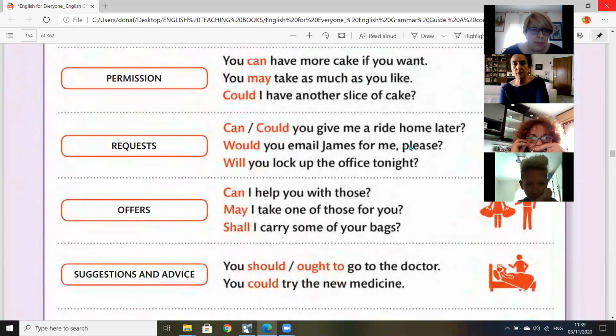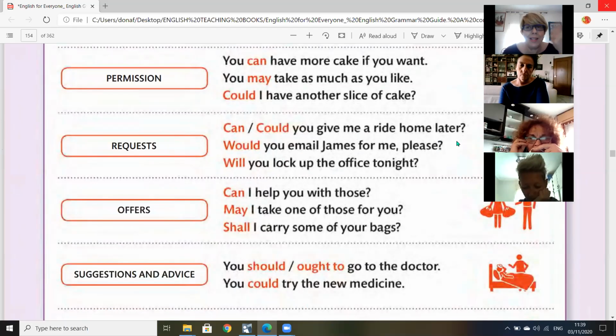Could you give me a ride home later? Would you email James for me, please? Will you lock up the office tonight? Ok? Sono tutti modi di chiedere. Quello che voi dovete fare è focalizzarvi sul meaning. So, for example, can you give me a ride or could you give me a ride home later?